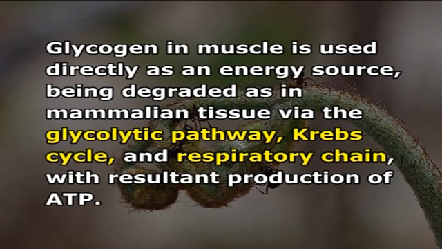Glycogen in muscle is used directly as an energy source, being degraded as in mammalian tissue via the glycolytic pathway, Krebs cycle and respiratory chain, with resultant production of ATP.